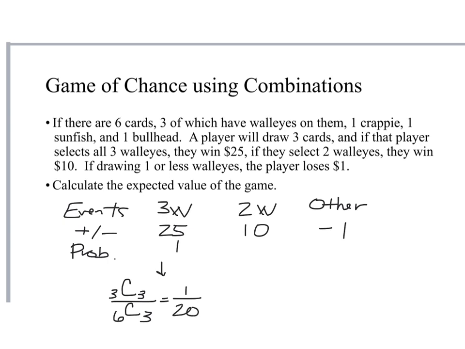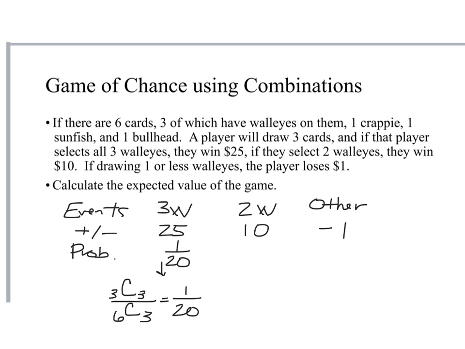So this is a 1 in 20 chance. Now you might say this is not going to work out very well, because if it's a 1 in 20 chance and you're giving out $25, you're giving out too much money there. But we'll fix that later.